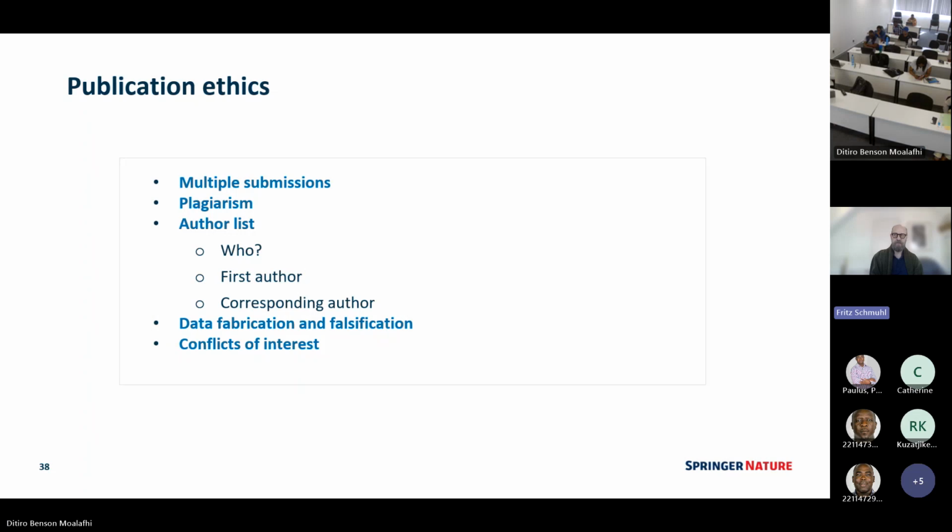Very importantly also, it is important to discuss with the authors beforehand who is the corresponding author. The corresponding author is going to be the chief contact for the editor during the review process, and is going to be the chief contact during the production process after the article has been accepted.